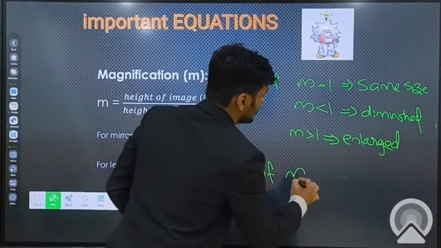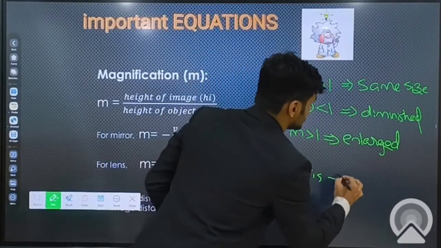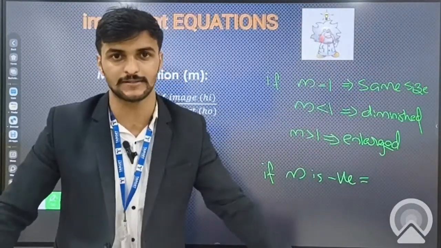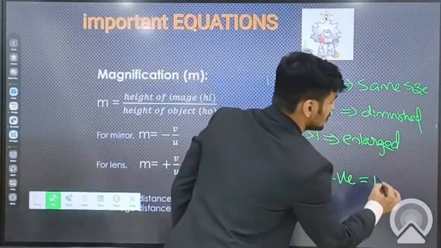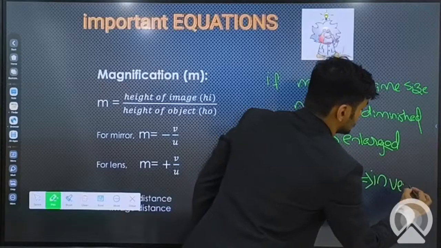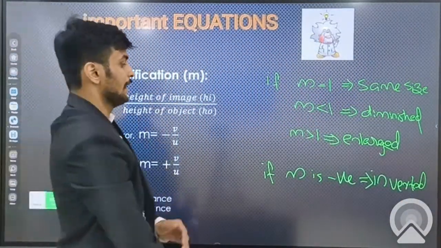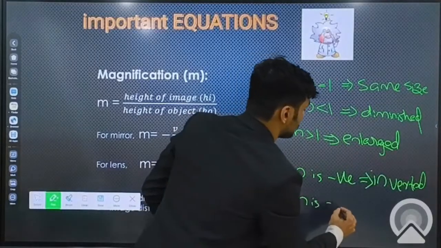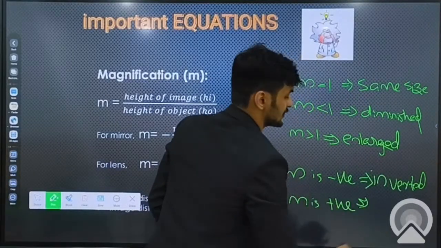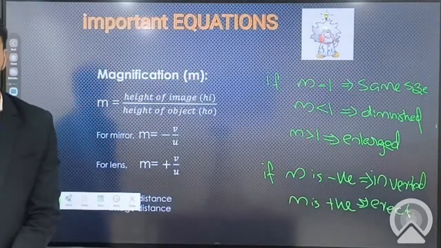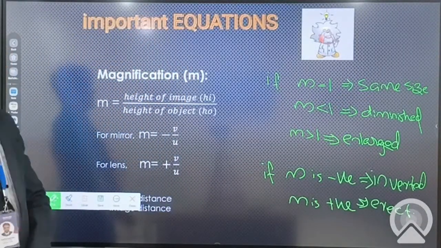If M is negative, suppose you got M as -1, -2, -1.5, something, which means it is inverted. The image is formed under the principal axis. If M is positive, it means it is erect. Clear? Okay.